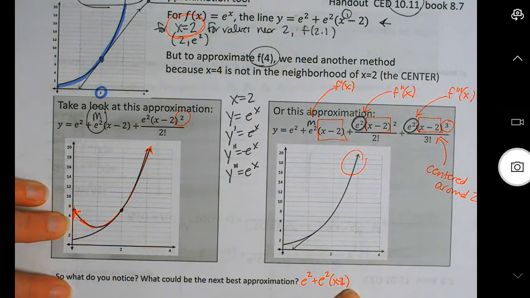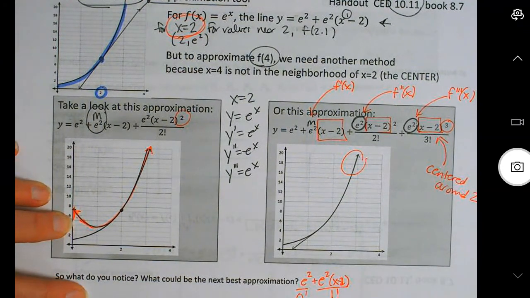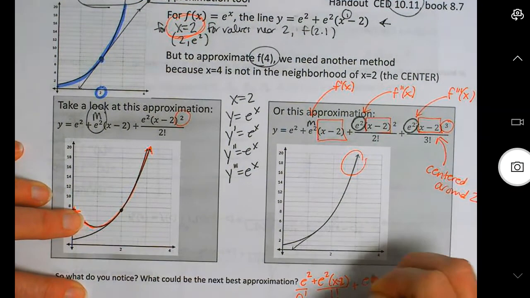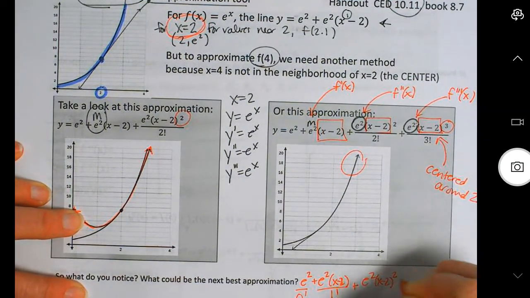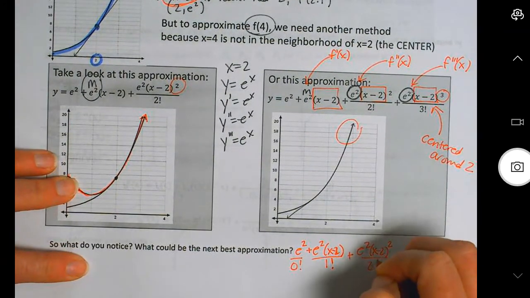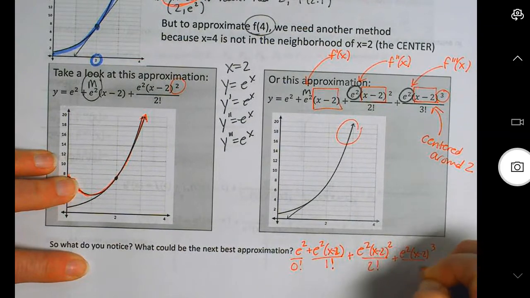Could I put this over 1 factorial? Yeah. I could even put this over 0 factorial. Do you know what 0 factorial is? Just 1. So we've got e squared x minus 2 squared over 2 factorial plus e squared x minus 2 cubed over 3 factorial plus, and it just keeps going.